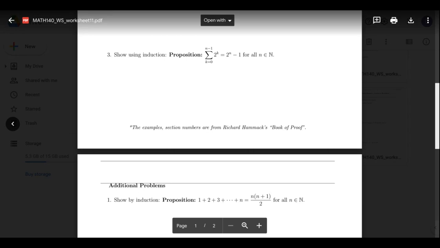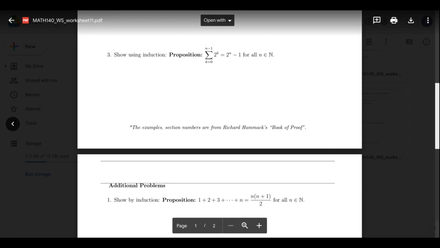Then to show the P of n plus 1 case. And also for P of n plus 1, you need to write down the second to the last line as equals to 2 raised to n plus 1 minus 1, because it's in the form of 2 raised to n minus 1, right?